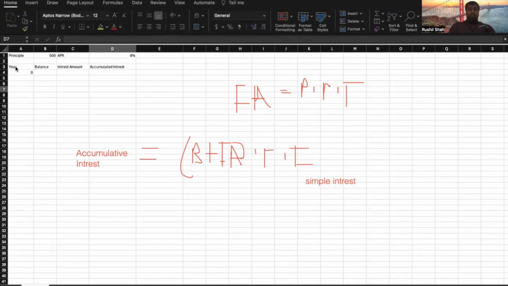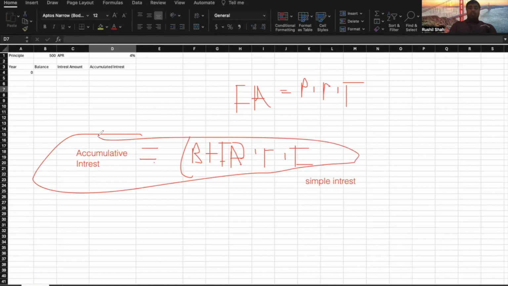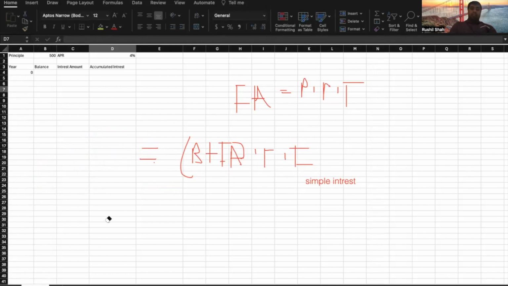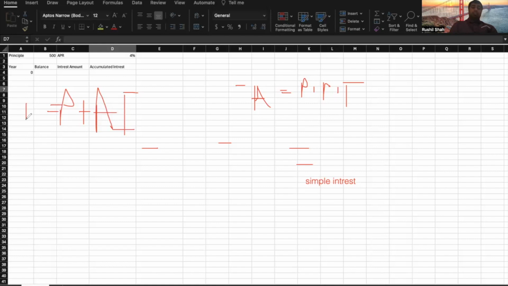So that's what we have here. And this could also be reflected as what's known as the future value. The future value is the principal plus interest, or principal plus accumulative interest. That's also known as the future value.